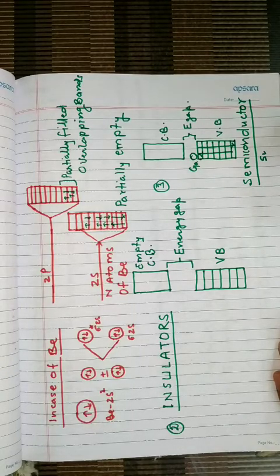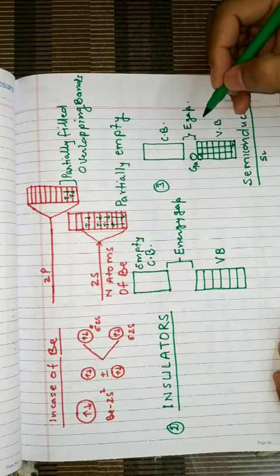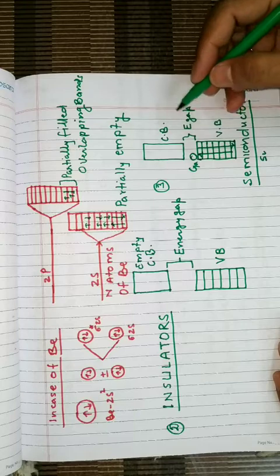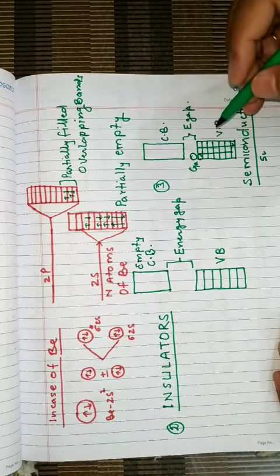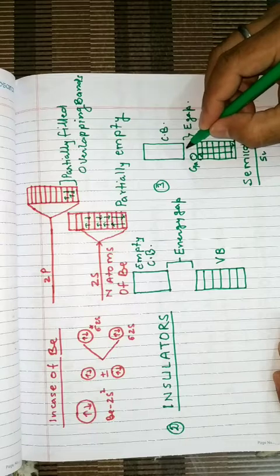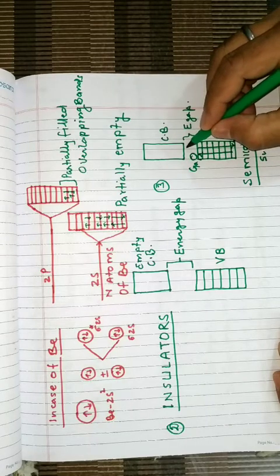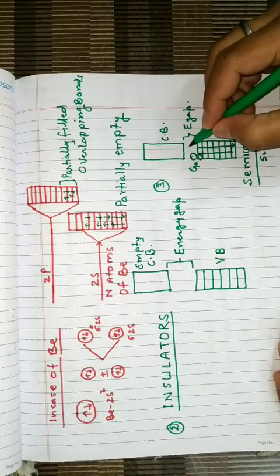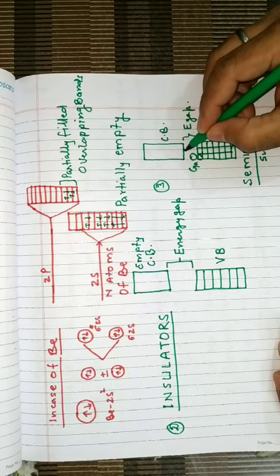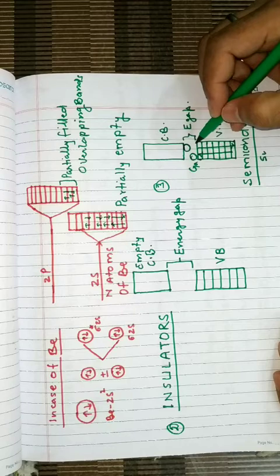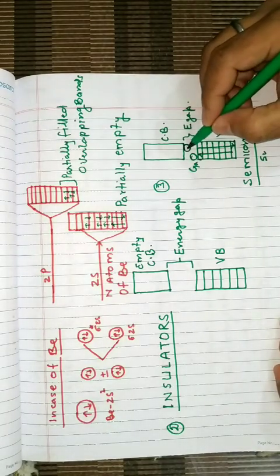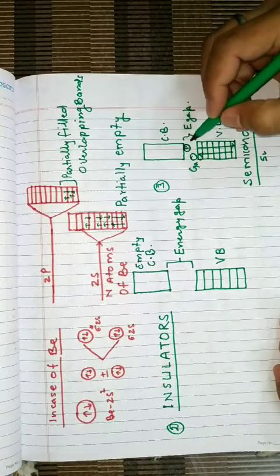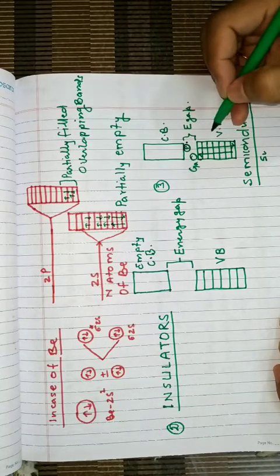Similarly, if we add a 15th group impurity, maybe like phosphorus or arsenic, then they combine with the silicon atom and form a band that is near the conduction band. Since this is phosphorus or arsenic, it contains one extra electron.